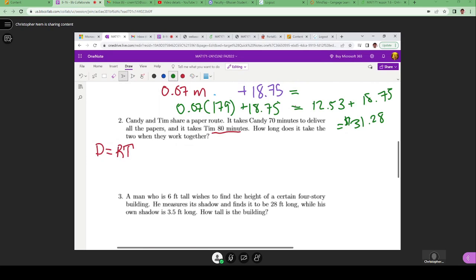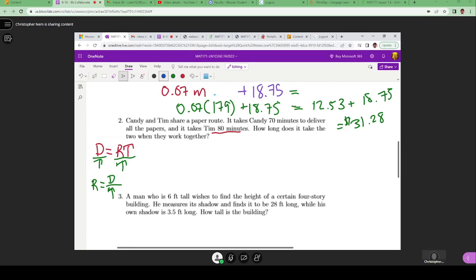So in 80 minutes, they're able to cover this distance. That is your rate. We got to solve for rate. We got to divide both sides by t, and I get the rate is equal to distance over your time. Great. Your rate is equal to your distance over time.